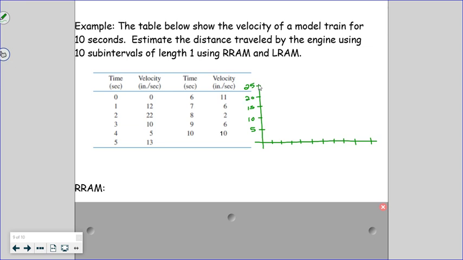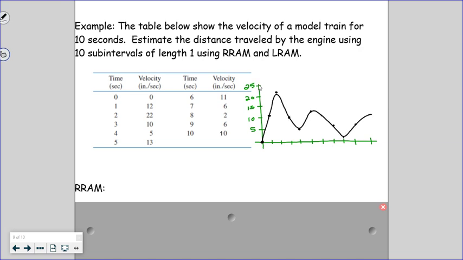Okay, so if I were to kind of draw an approximate picture of what's going on here, I would have a dot at 0, 0, 1, 12, 2, 22, 3, 10, 4, 5, 5, 13, 6, 11, 7, 6, 8, 2, 9, 6, and 10, 10. So notice that this curve is definitely not consistent.